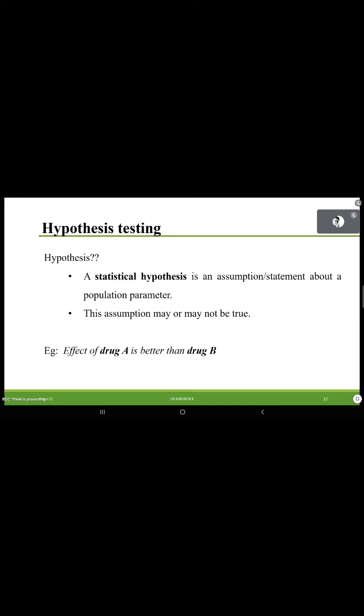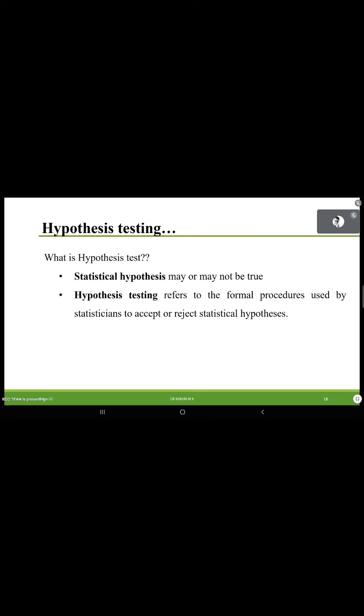So hypothesis means any statement about the population parameter, not always a relationship between variables. That also is hypothesis testing, but that definition is not proper. In a testing procedure, we use mathematical theory to say whether there is any evidence to support our hypothesis. Based on that only, we decide whether to accept or reject the statement.